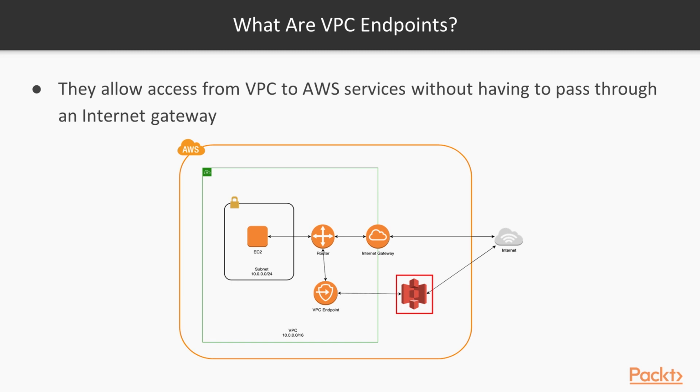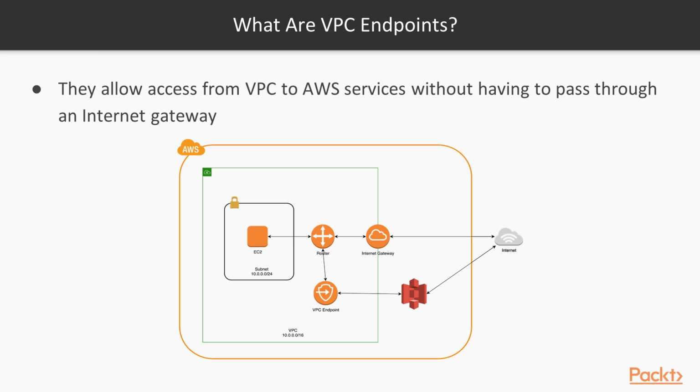If we didn't have a VPC endpoint, the EC2 instance would have to go through its route table, out through the internet gateway, out to the internet, back into AWS, get the resources from S3, back out through the internet gateway, route table, back to the EC2 instance.